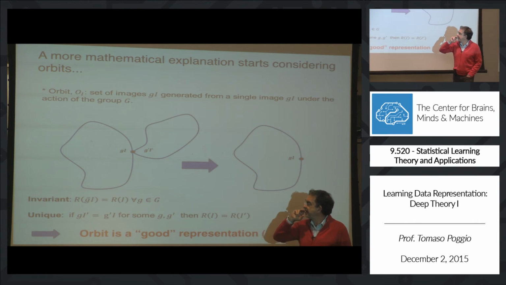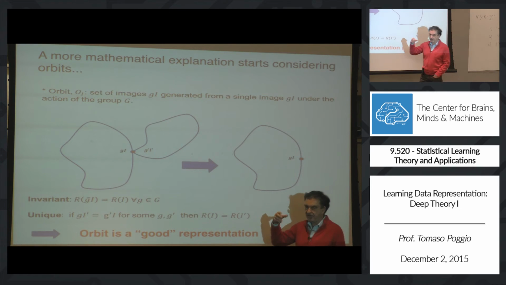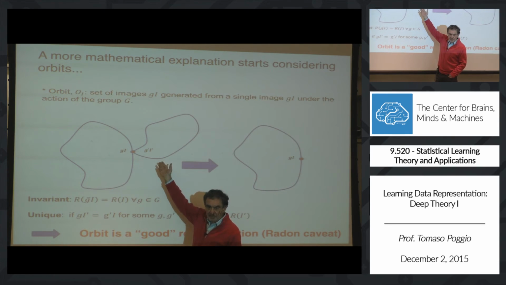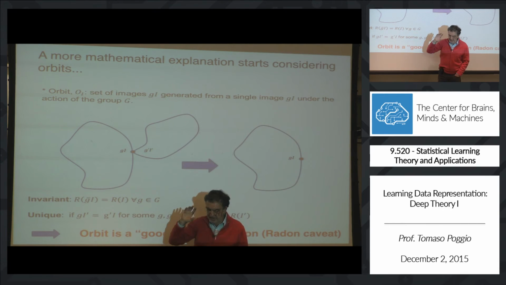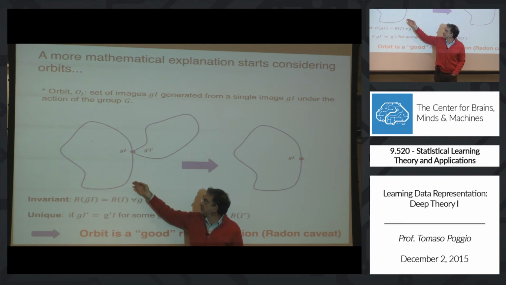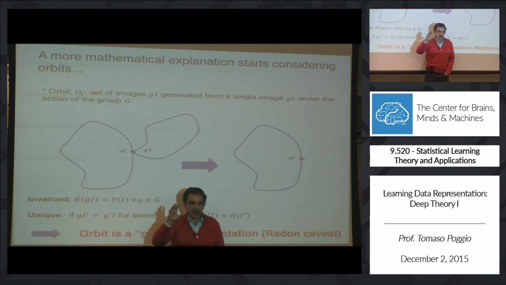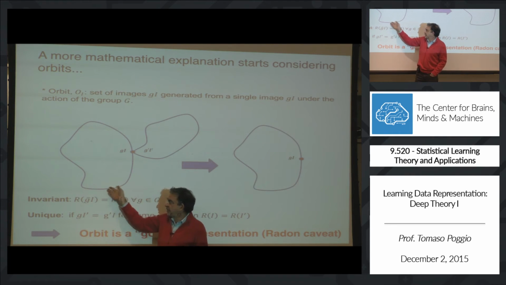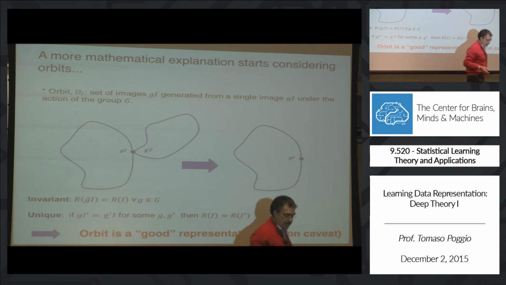Suppose I have an image of an object, and another image of a different object. I generate an orbit from the first image, all the images that can be generated by that one, for instance by rotating, translating and scaling. There will potentially be an infinite set of images.